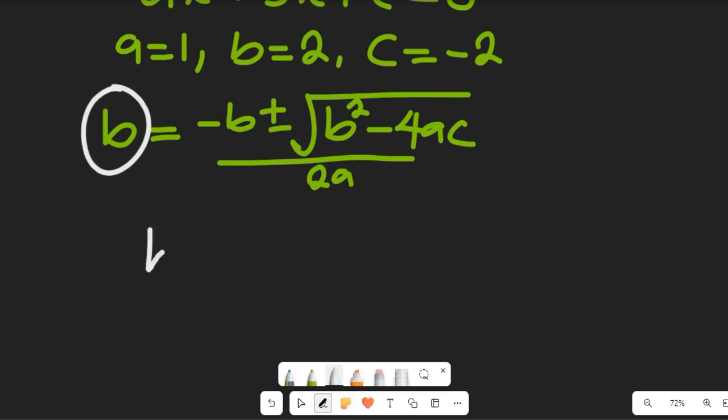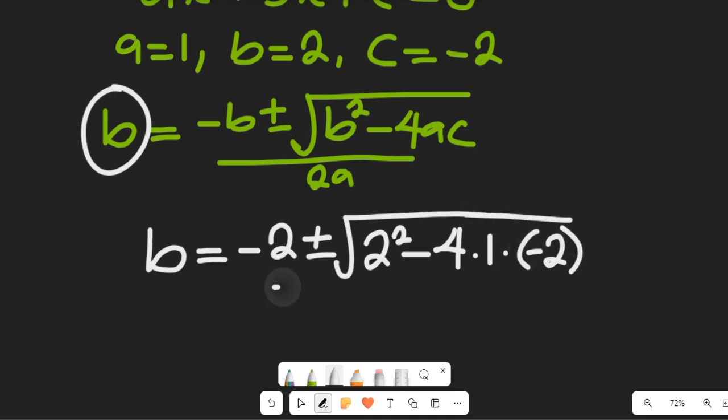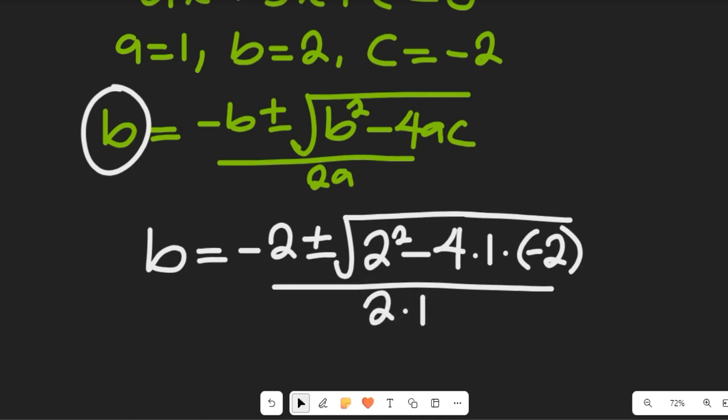So the B will be equal to minus 2 plus or minus the square root of 2 squared minus 4 multiplied by 1 multiplied by negative 2, and all this will be divided by 2 multiplied by 1. Great.